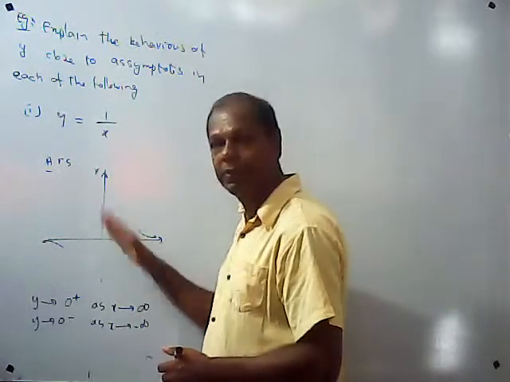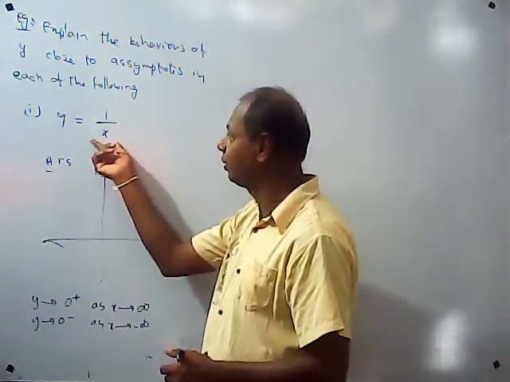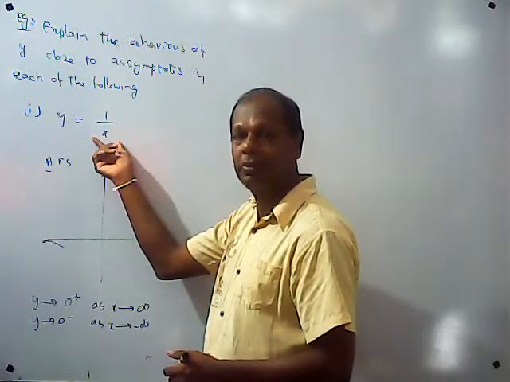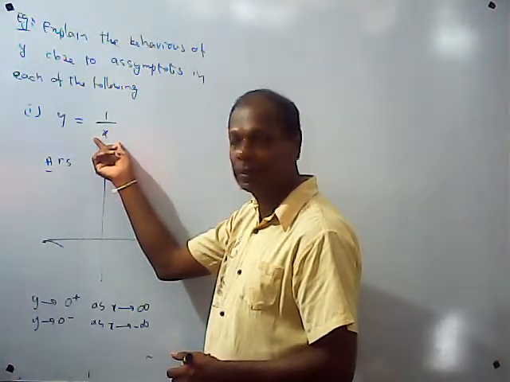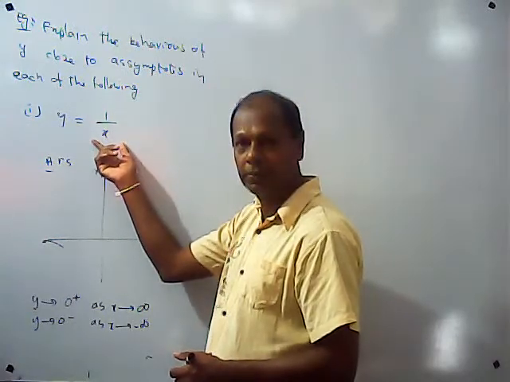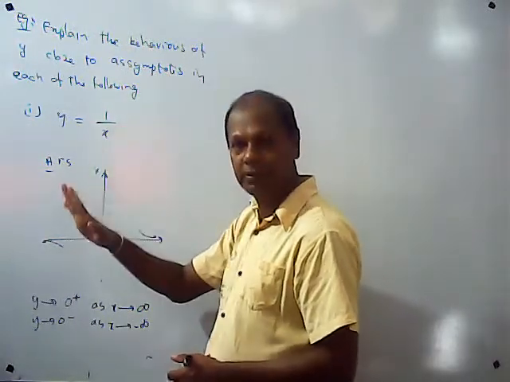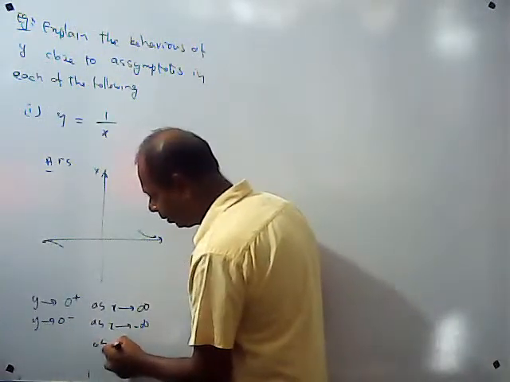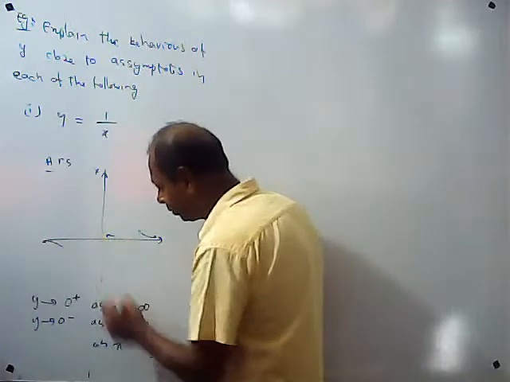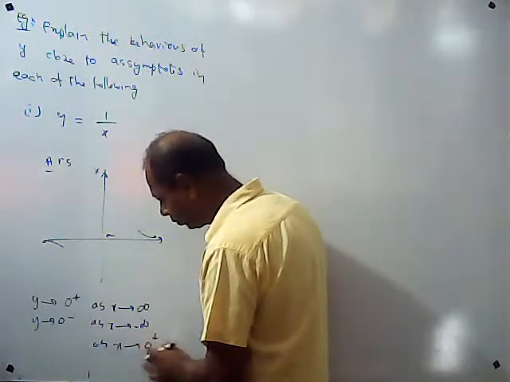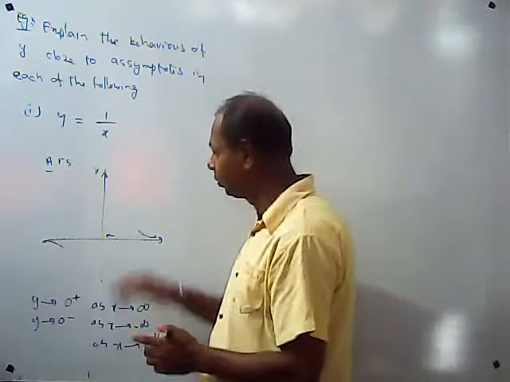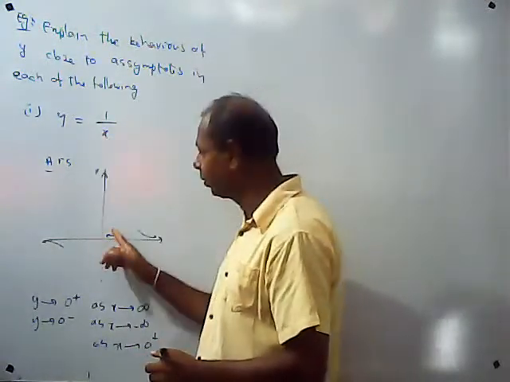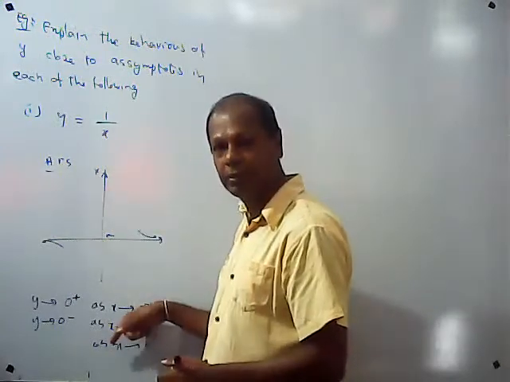Then to check for vertical asymptotes, you have to see if the denominator equals 0 for some x. In this, yes, there is a value. When x is 0, the denominator is 0, right? So you can check as x goes to 0 from this side, what happens? X goes to 0 from positive side, 1 over x will go to infinity, but we don't know whether to positive infinity or negative infinity.